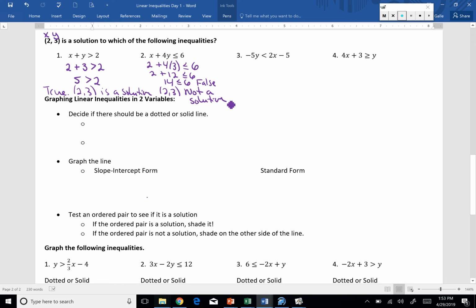And again, don't get too hung up on, I just randomly picked 2, 3 as the ordered pair. I randomly picked it. I didn't solve anything. I just want us to test it and see if it works. That's all I'm going for.